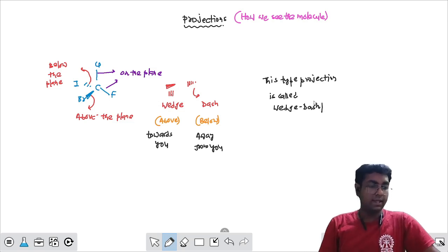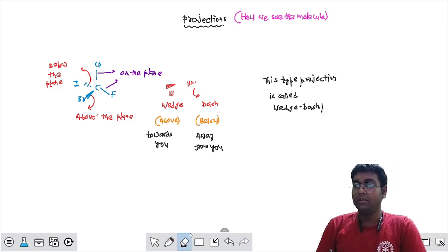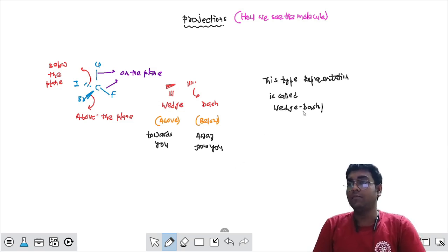Or we can say that this type of representation of a tetrahedral geometry is not a projection. The projection will be called flying wedge, okay? We will discuss it later on. But this type of representation, where we represent a tetrahedral molecule in dash and wedge, is called wedge dash representation.